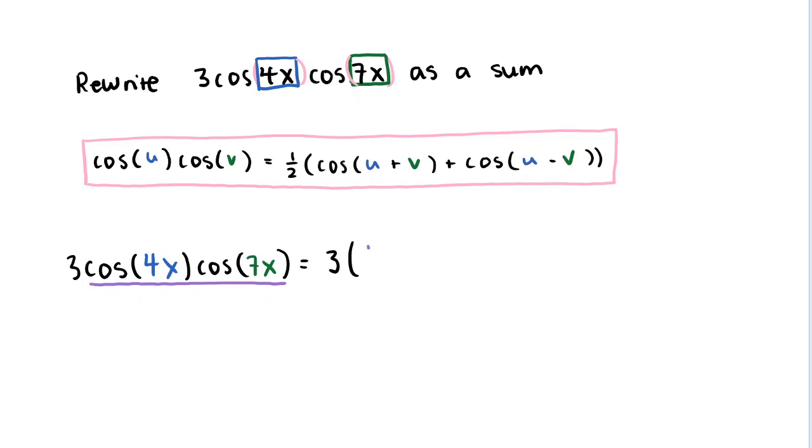Right, so this is 1/2 times cosine, maybe I'll put parentheses here, cosine of our first angle added with our second angle, so this is 4x plus 7x, summed with cosine of our first angle, take away our second angle, 4x minus 7x.